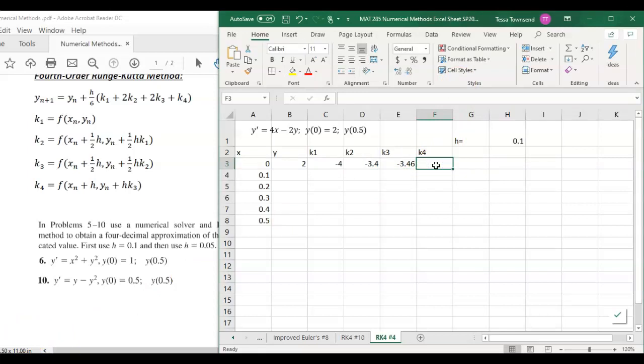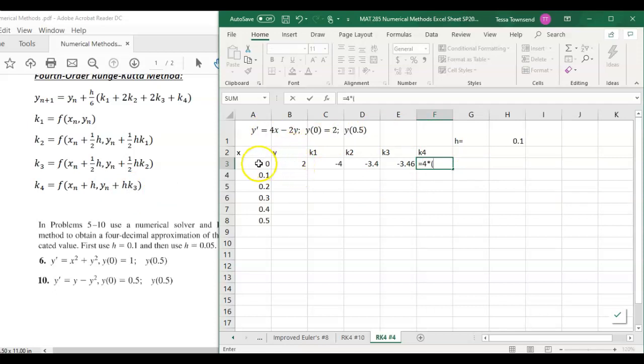And then our K4 is taking the differential equation and evaluating it at x plus the whole step size and then y plus the step size times K3. So for us, it's going to say 4 times x.